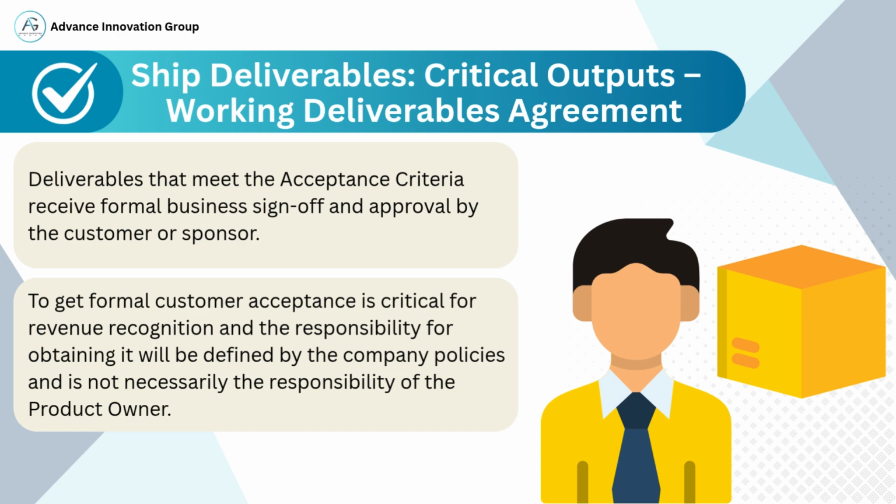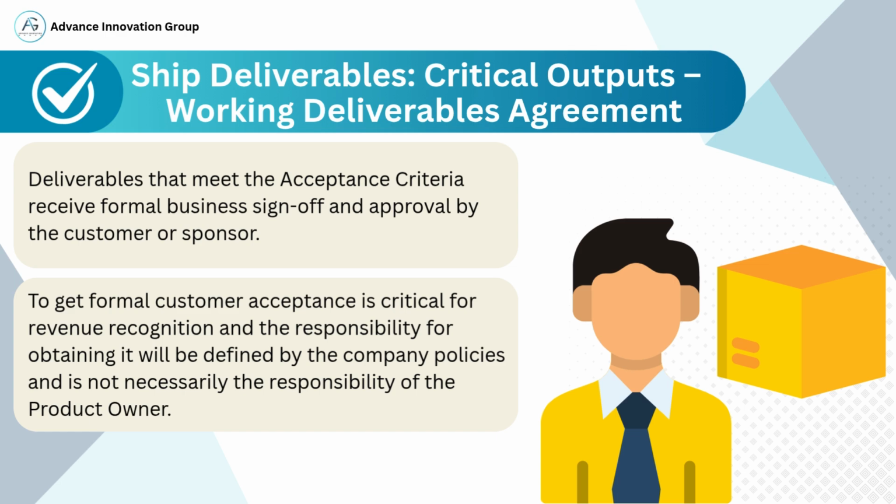This approval confirms that the product increment is complete, usable, and aligns with expectations. Getting formal customer acceptance is not just a best practice. It's often legally and financially essential, especially in industries where revenue recognition depends on it. That means the company cannot officially count the revenue from the project until the customer has signed off.